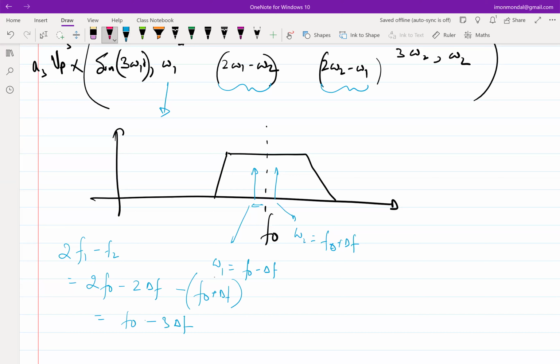So you are going to get a tone here, which is 3 delta f away from f naught, or 2 delta f away from the signal that you have applied. Similarly, you are going to get another tone here on the other side. Okay. So these tones are, now this is a bigger problem because you are not expecting any tones there, right?